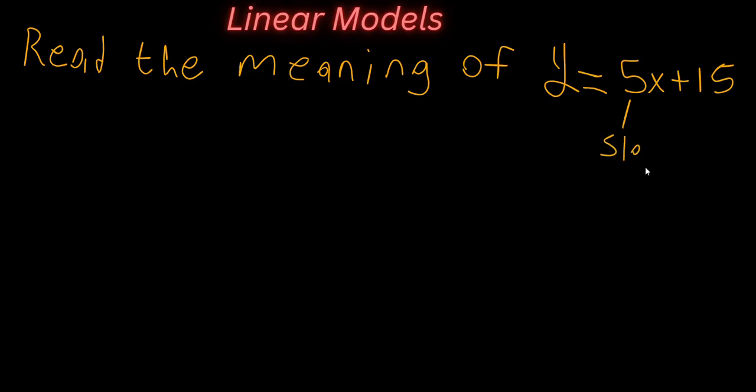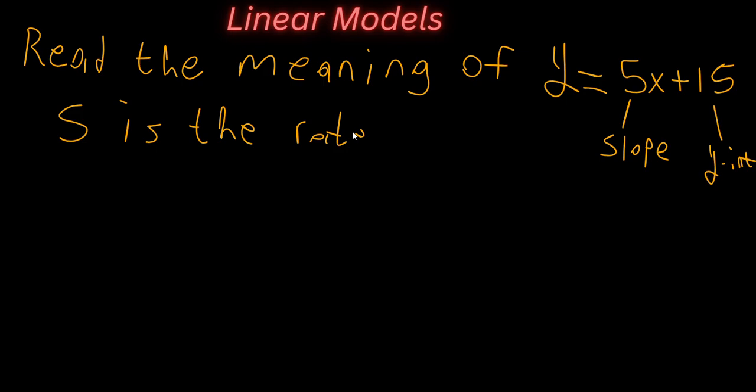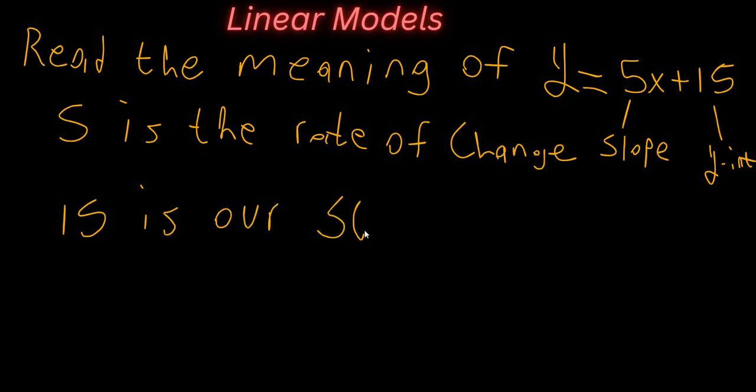Here we have our slope, and our slope is our rate of change, and here we're given our y-intercept. Our y-intercept is our starting point. So when we see this, 5 is the rate of change, and 15 is our starting point.